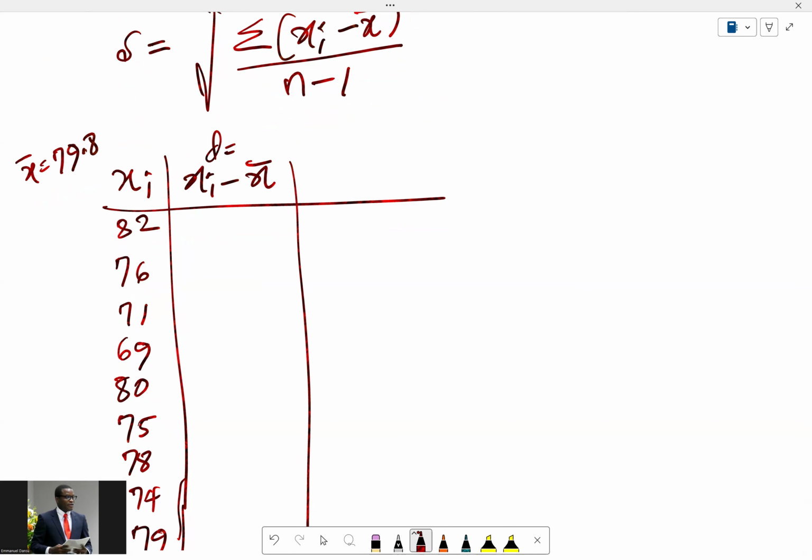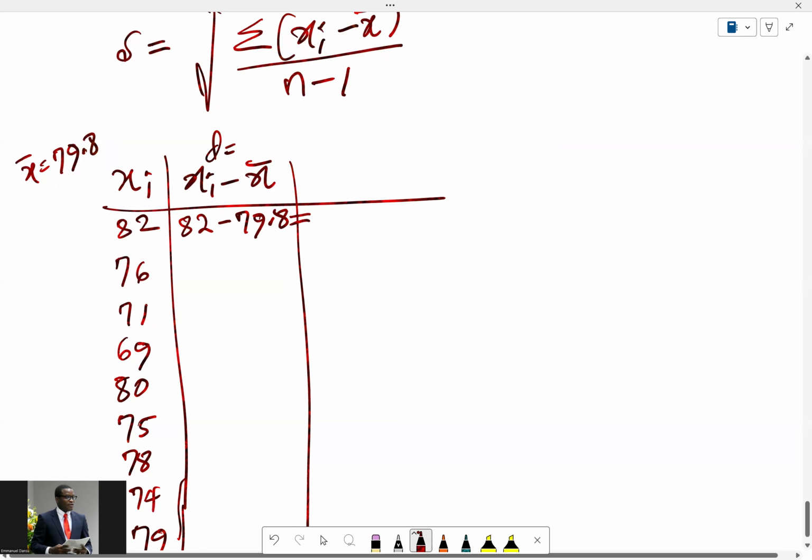Let me just make it in two layers. We need X bar in short. So this is 82 minus 79.8.